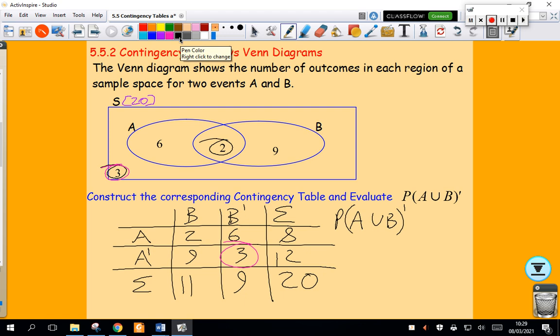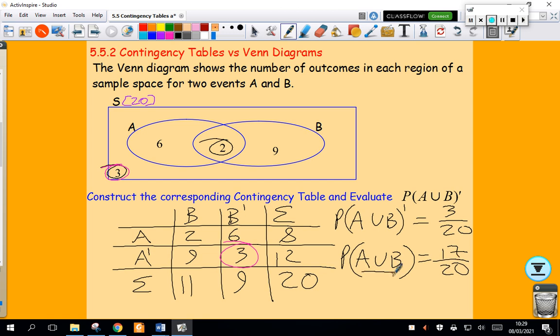Remember, the total number of possible outcomes in this experiment is 20, and 3 of those outcomes make up A union B complement. So the probability of A union B complement is 3 over 20, which would mean the probability of A union B has to be 17 over 20. Because together, this event, A union B, and its complement have to add up to 1.